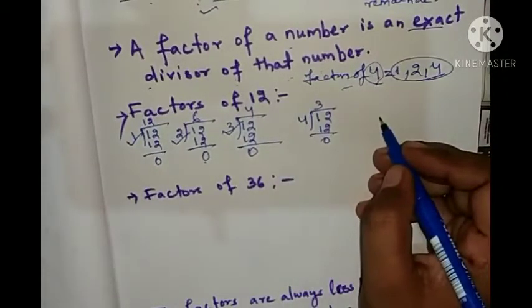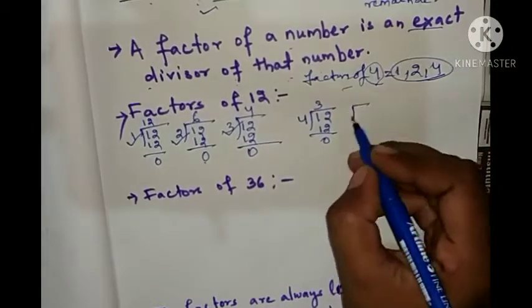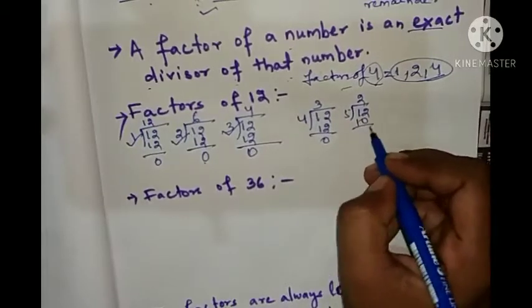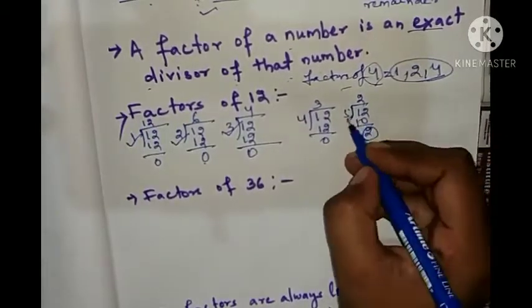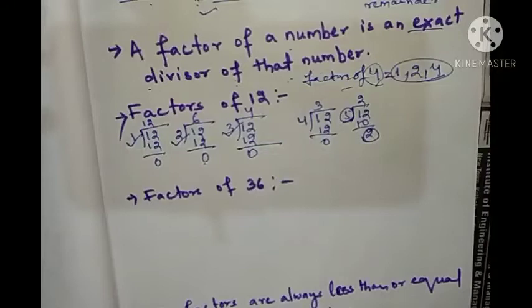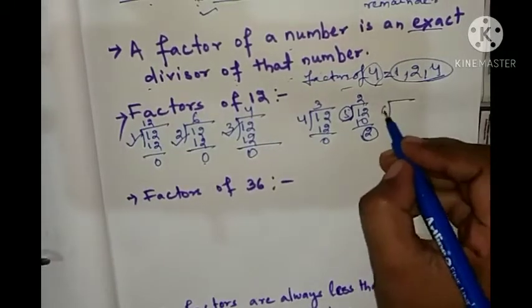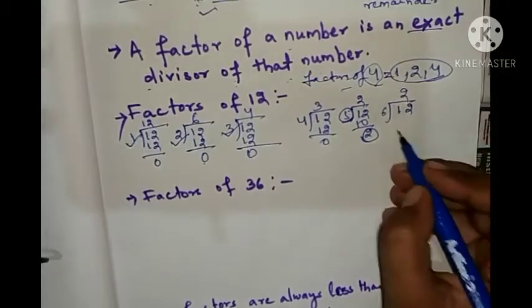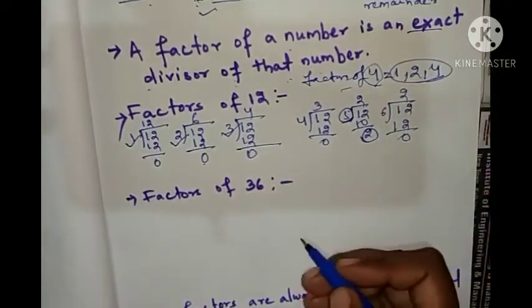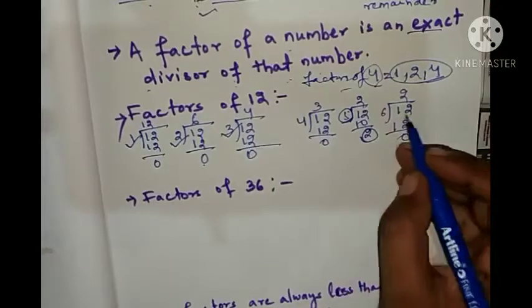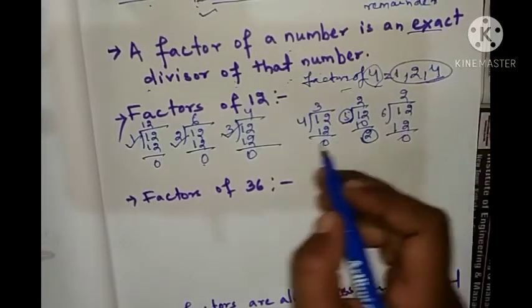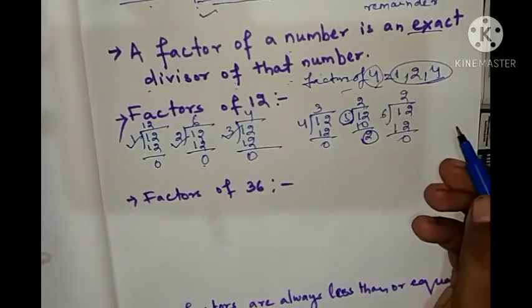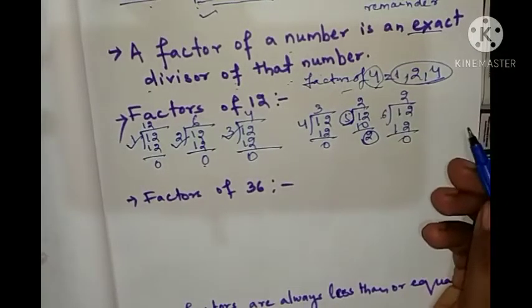If I divide 12 by 5, 5 twos are 10, then we are getting remainder 2. So 5 is not an exact divisor. Then 6. 6 twos are 12. What are we getting? 0. Next, 7 we can't do. Then you can try 8, 9, 10, 11.